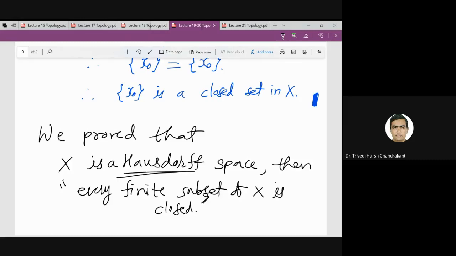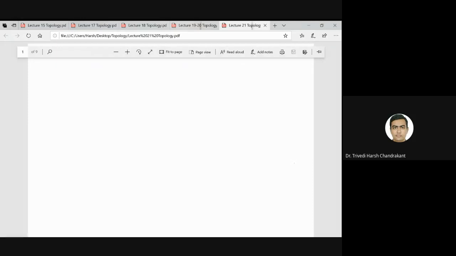The topological spaces having this property are known as T1 spaces: the topological spaces in which every finite subset is closed. So let us start with that. Definition.